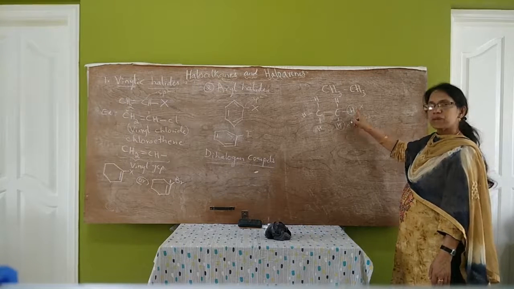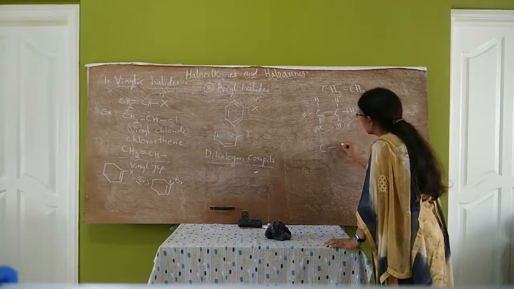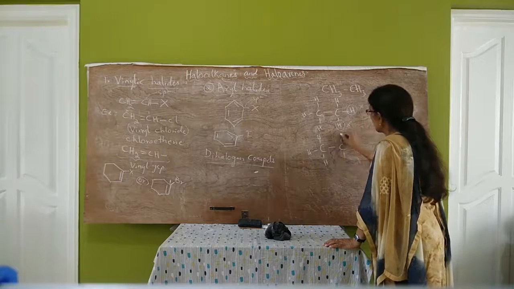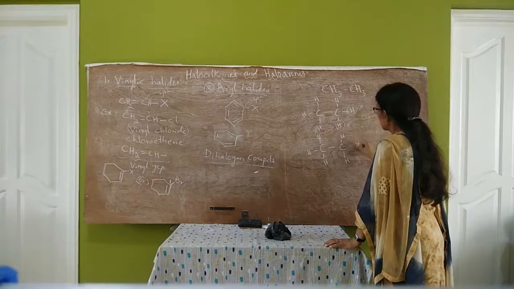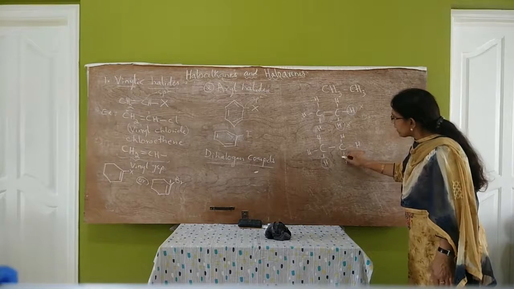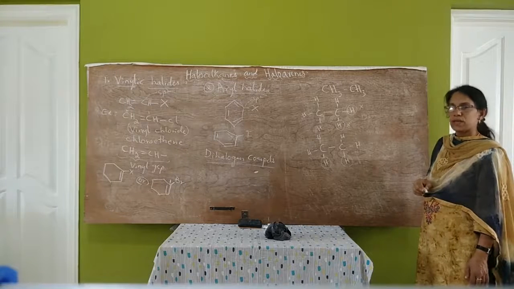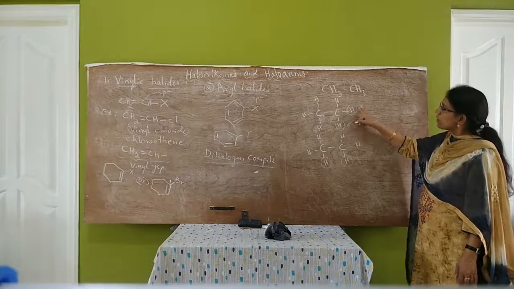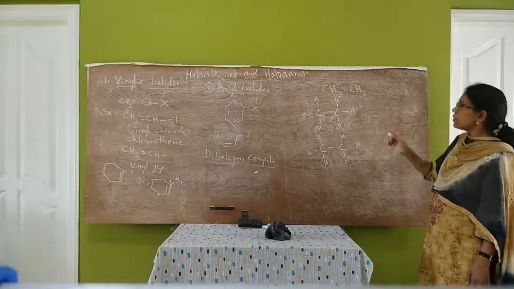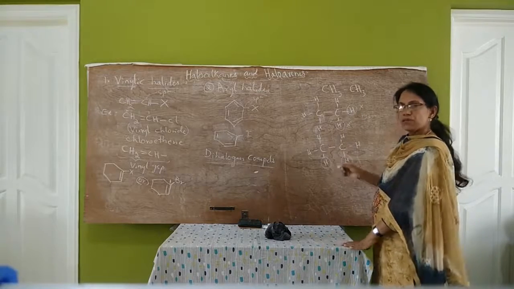One more we can do, the same ethane: if we replace one hydrogen atom from this carbon and one hydrogen from this carbon, this also is a dihalide. So based on which carbon atoms the halogen atoms are present on, there are two types of dihalogen compounds.